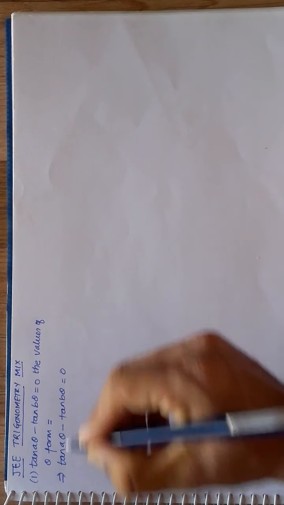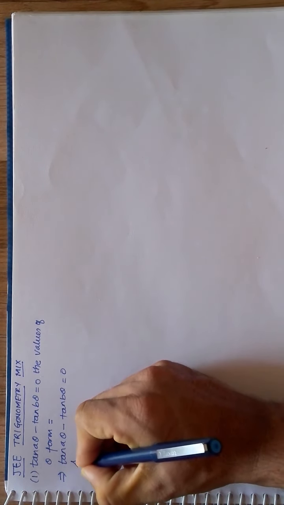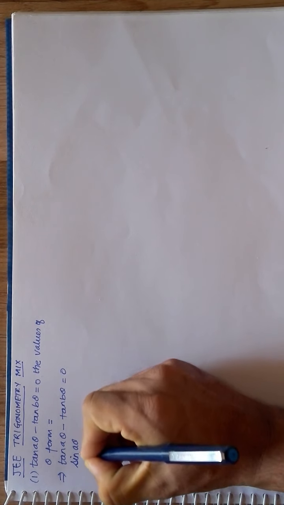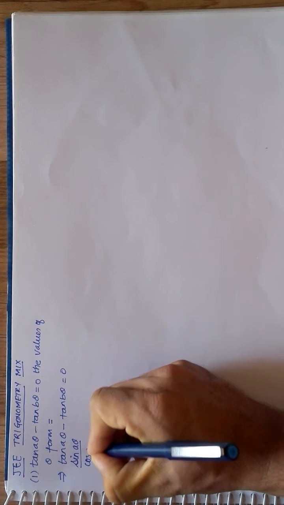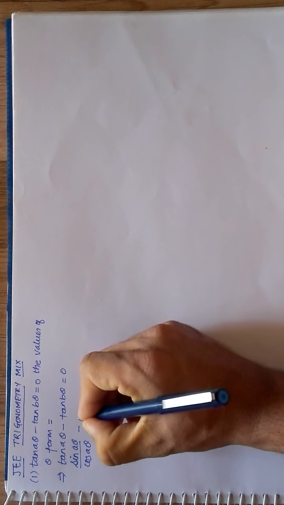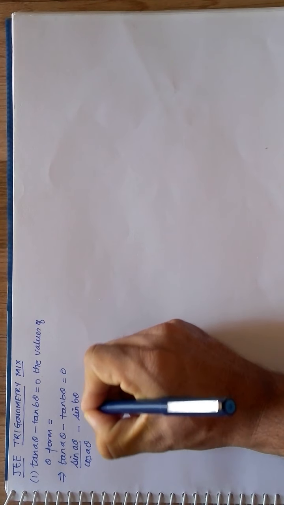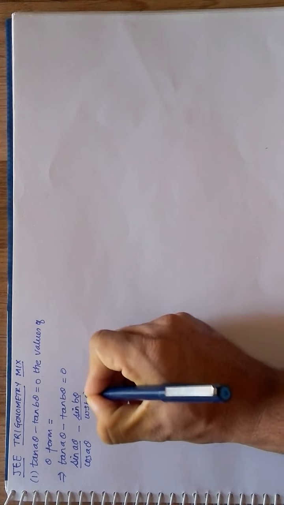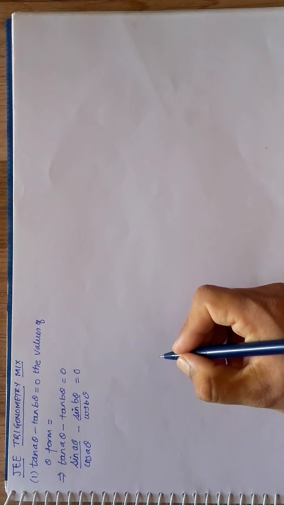Okay, the question says here tan Aθ minus tan Bθ is equal to 0. The values of θ form what? What θ is and all that, we'll discuss later on. I have just written the first line, that is tan Aθ minus tan Bθ is equal to 0. Now the first thing I will do is convert into sine and cos form. That is sin Aθ upon cos Aθ minus sin Bθ upon cos Bθ equal to 0.